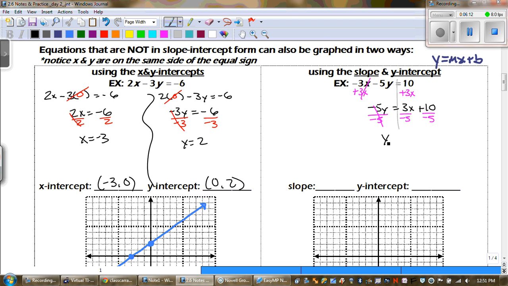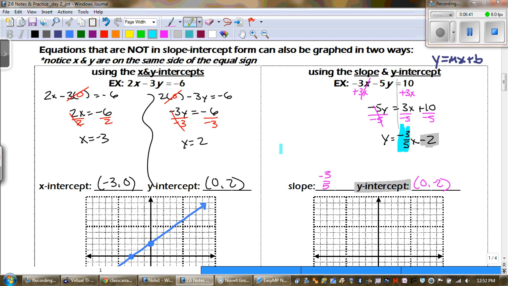And now we get that y equals negative 3 over 5 x minus 2. And now that we've got that, I see that my slope is negative 3 over 5, and my y-intercept is (0, -2). And remember, we're getting that stuff because it's y equals mx plus b. Okay, negative 2, that's where the negative 2 comes from.